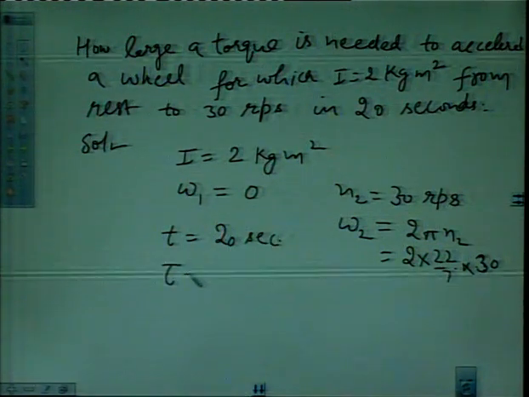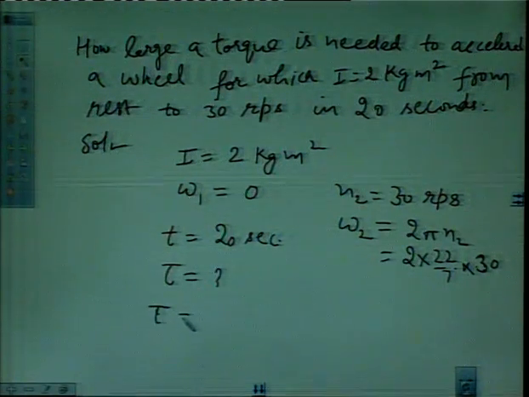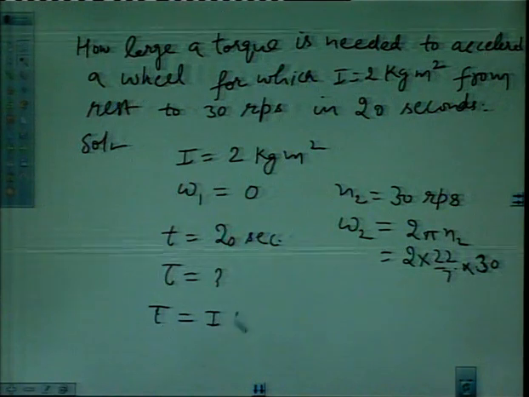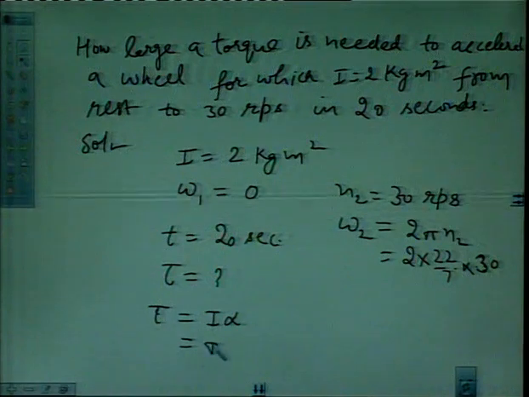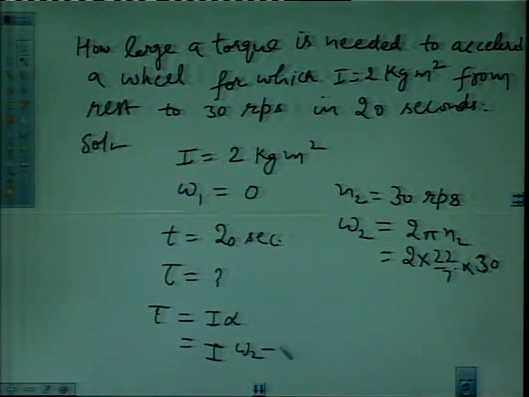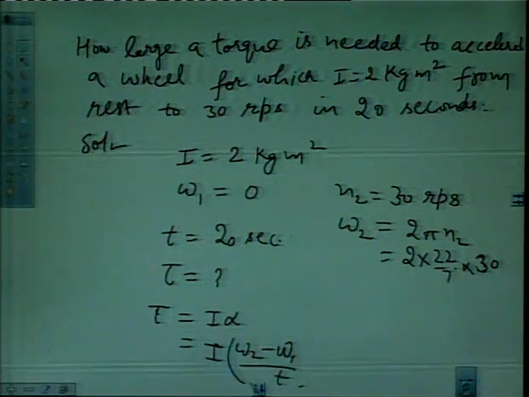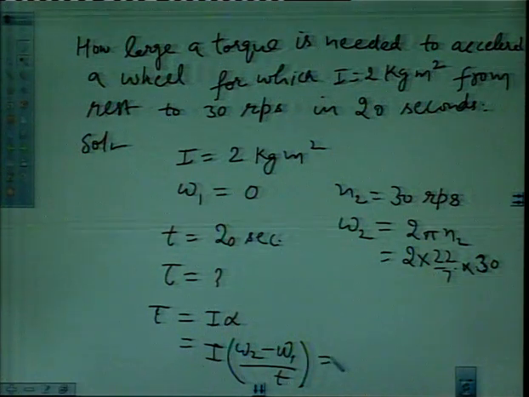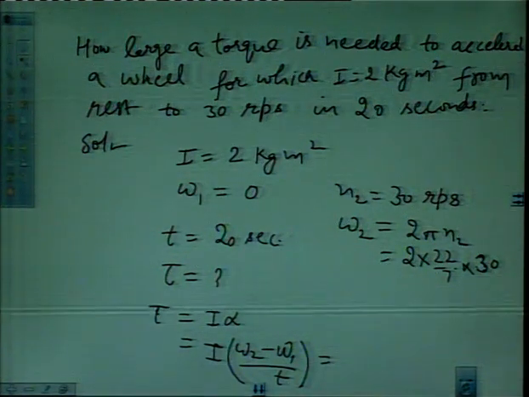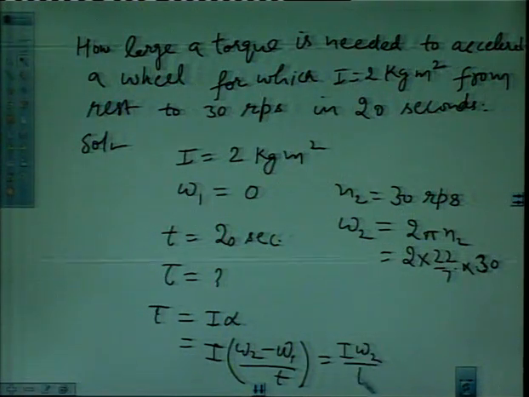We have to find the torque. Torque is equal to moment of inertia into angular acceleration alpha. Angular acceleration is equal to rate of change of angular velocity with time. So this is equal to omega 2 minus omega 1 upon the given time t. So we can write omega 1 is equal to 0. So this is equal to I into omega 2 upon t.